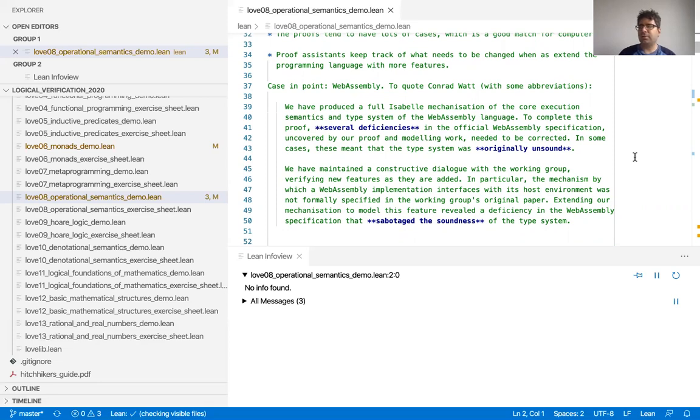It's a new language, a bit like JavaScript, but better, I hope. He developed his formalization using the Isabelle proof assistant at the same time as the WebAssembly standard was developed. So he was able to improve the English prose and clarify some things thanks to his efforts.